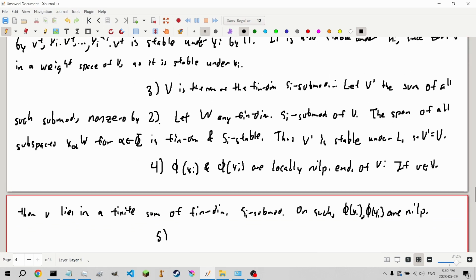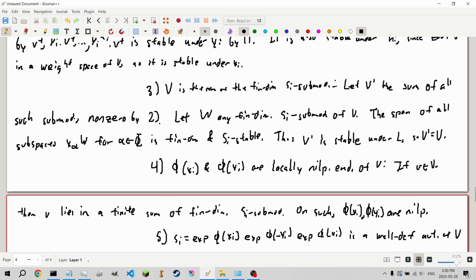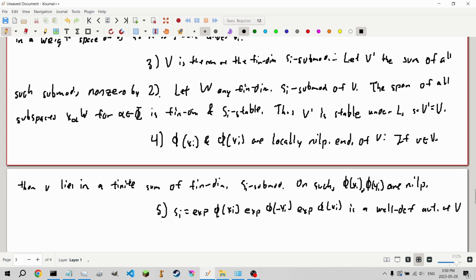Step 5, there's 9 total. Step 5 is immediate: it says that the exponent of phi of xi, the exponent of phi of negative yi, and the exponent of phi of xi again, is a well-defined automorphism of V. This is immediate, of course.